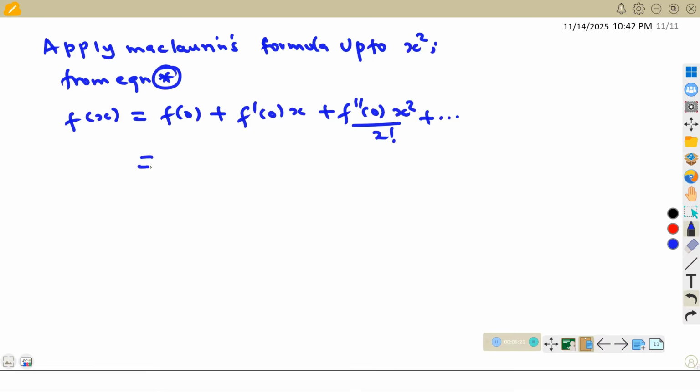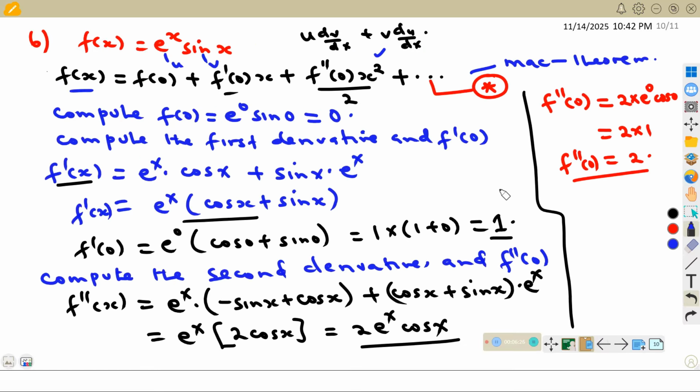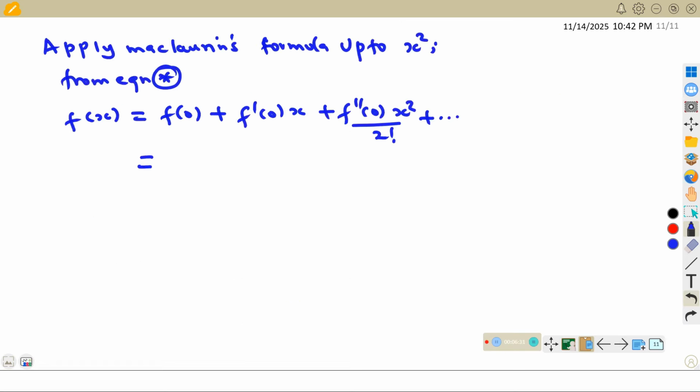So let us substitute that: f of 0 we got 0, the next was 1, the next was 2. So we shall have 0 plus this was 1 times x, plus this was 2, of course we divide by 2 factorial, times x squared, plus some other terms. So our interest is up to x squared, so we shall have this as x, plus 2 divided by 2 factorial, that remains 1.